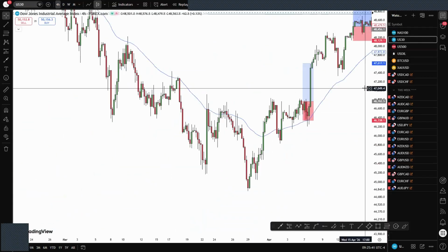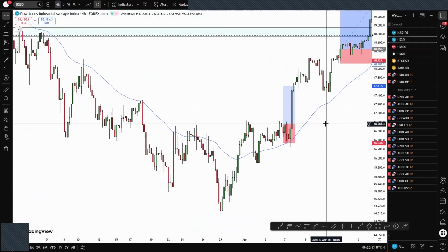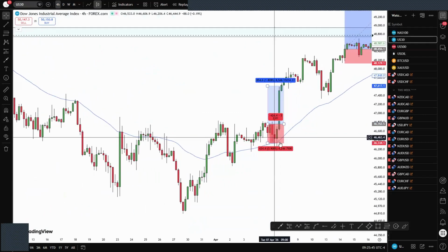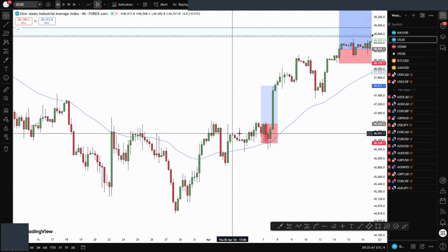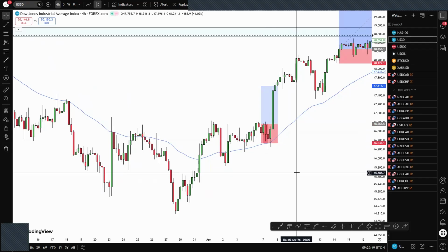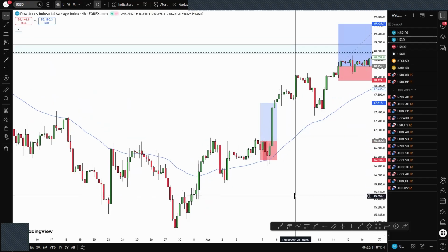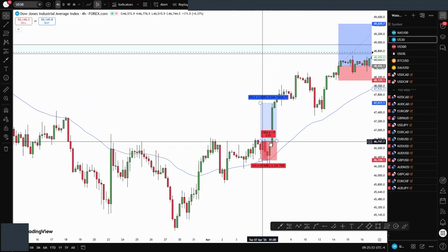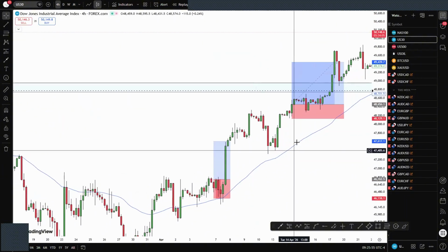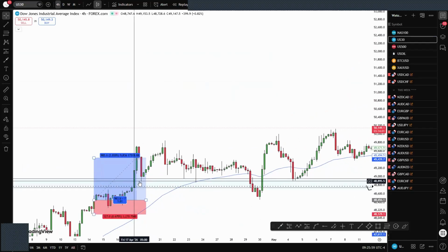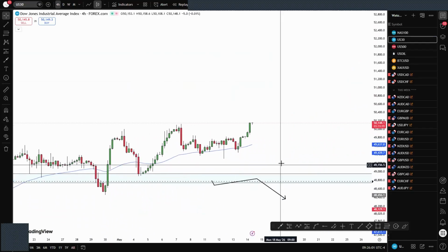I might predict some like this. This trade was entered at this level. I might predict something like this, and sometimes I might predict them and they play out, but you won't see me take a buy or a sell.